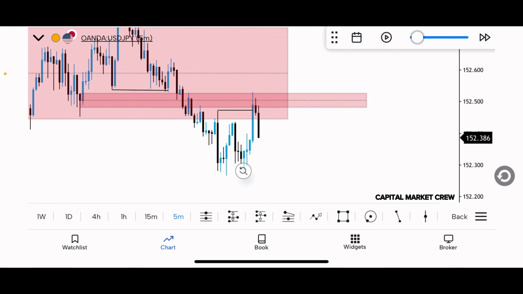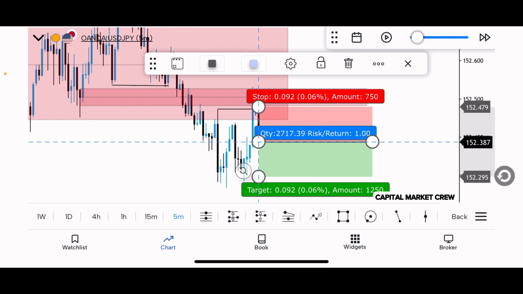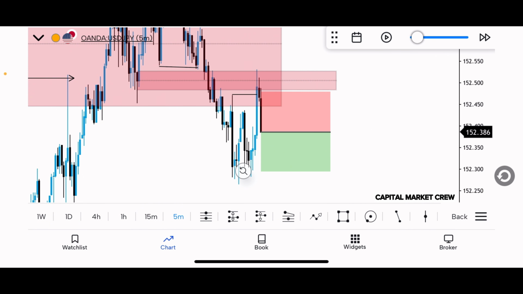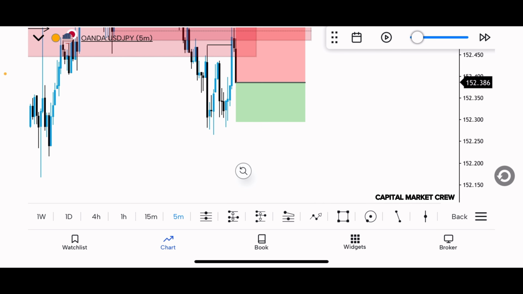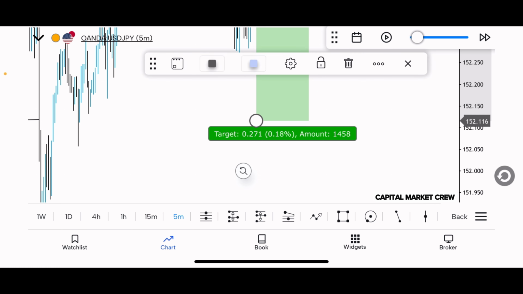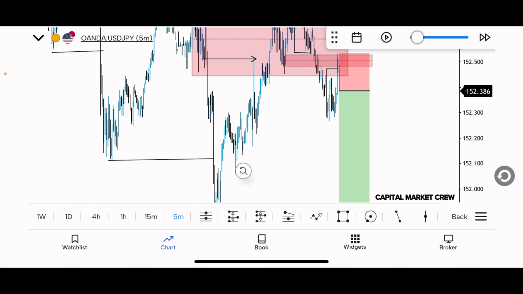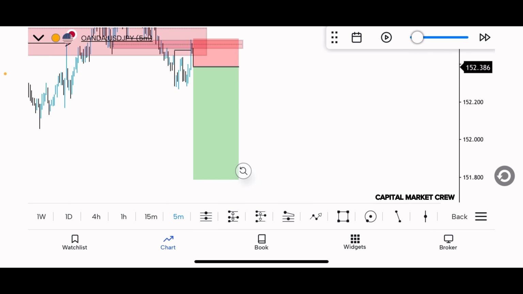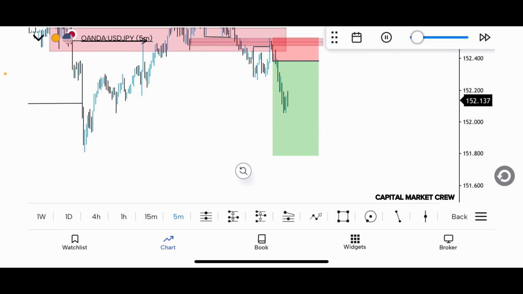Use this as a resistance, then I can peacefully enter my sell position here, putting my stop loss above here, and targeting down here, or even this weak low here, to play the trade.